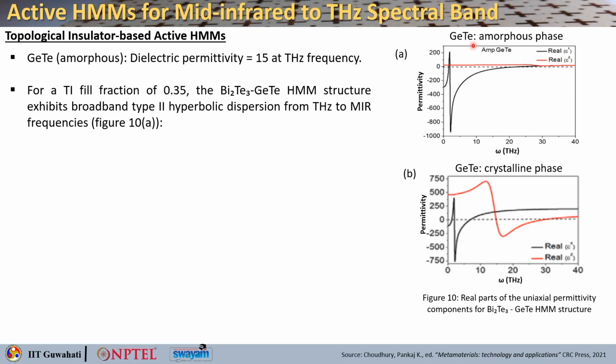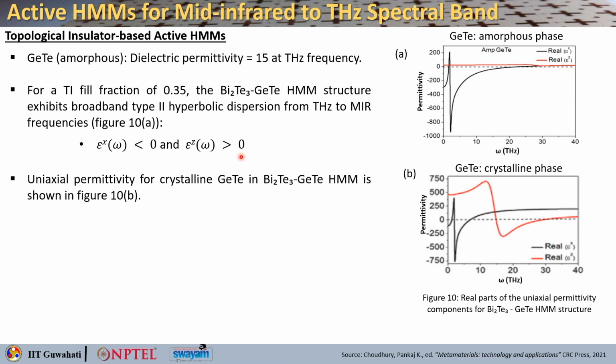So, this is considering germanium telluride in the amorphous phase. So, here you obtain epsilon x to be negative and epsilon z to be positive.